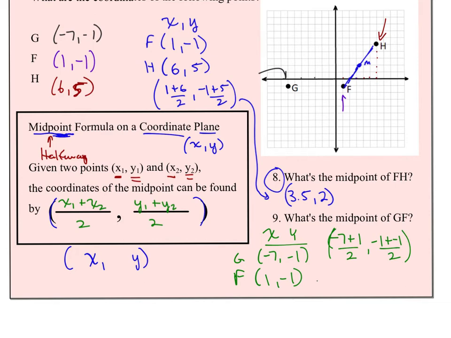So what happens here? This becomes -7 plus 1, -6 divided by 2, -3. -1 plus -1 is -2, divided by 2 is going to be -1.